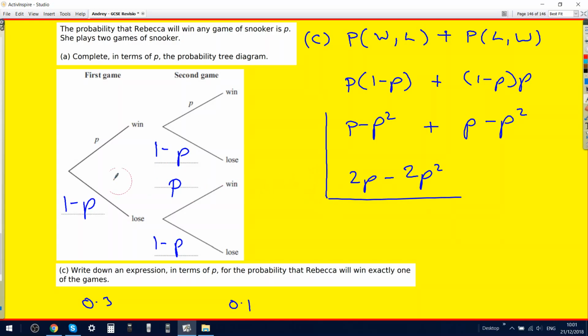No. You multiply across. So P plus P is 2P. Yeah. Oh, P squared. Yeah, that's fine. Okay.